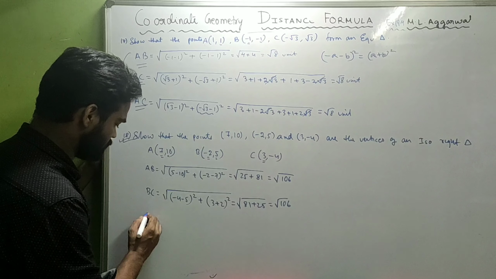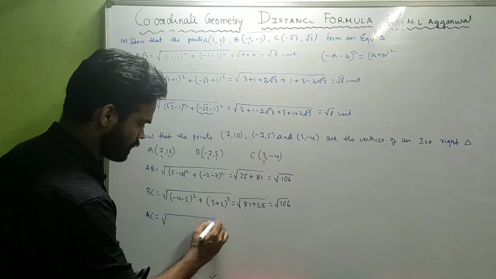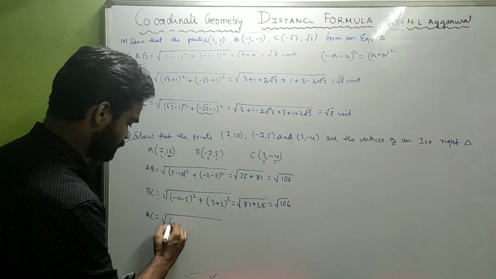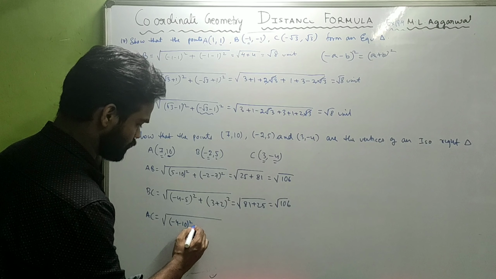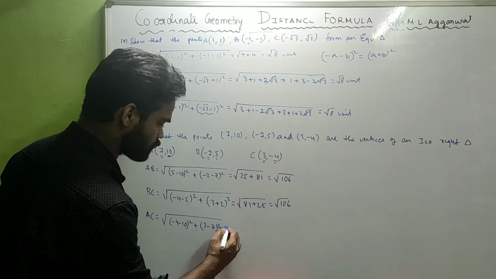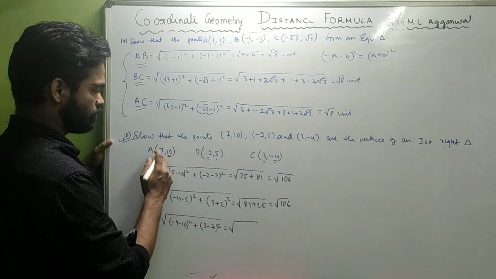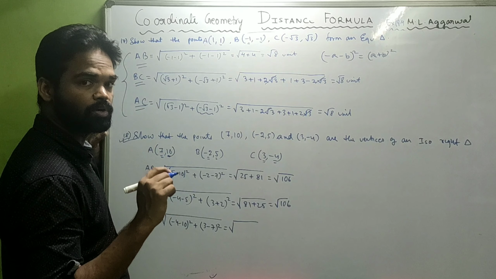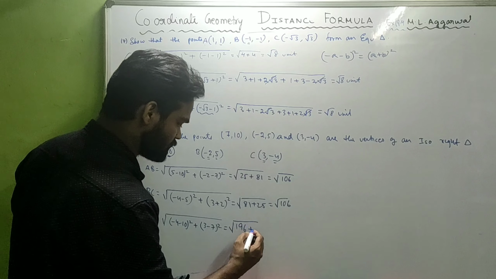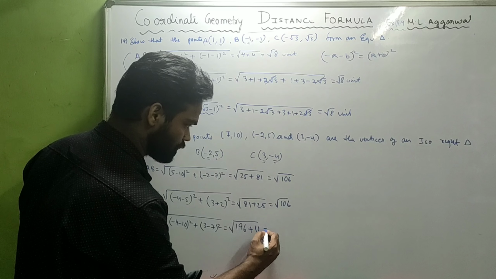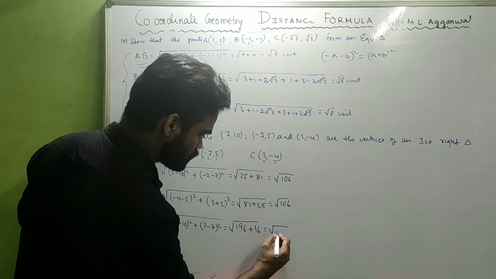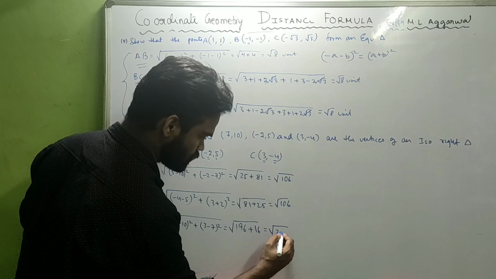Now find AC. Look over here carefully. AC is what? (Minus 4 minus 10) whole square plus (3 minus 7) whole square, isn't it? 3 minus 7, so that's minus 4 square, 16. And minus 4 minus 10 is minus 14 square, that's 196, plus this is 16. So that's root of 212, if I'm not wrong.